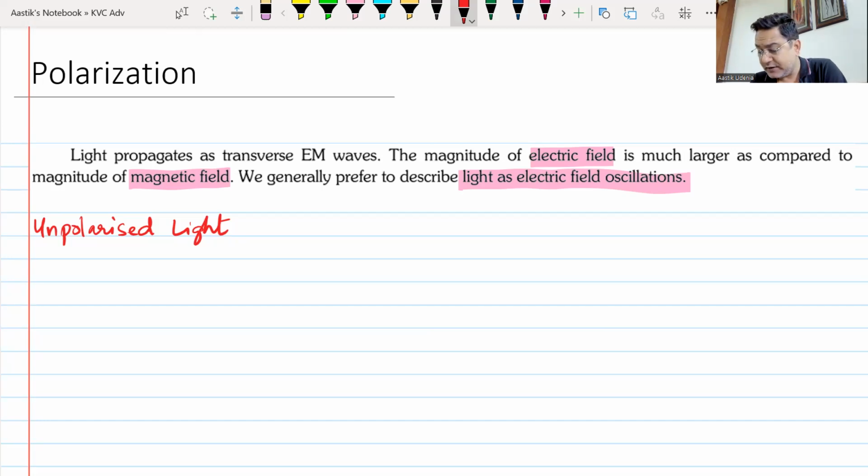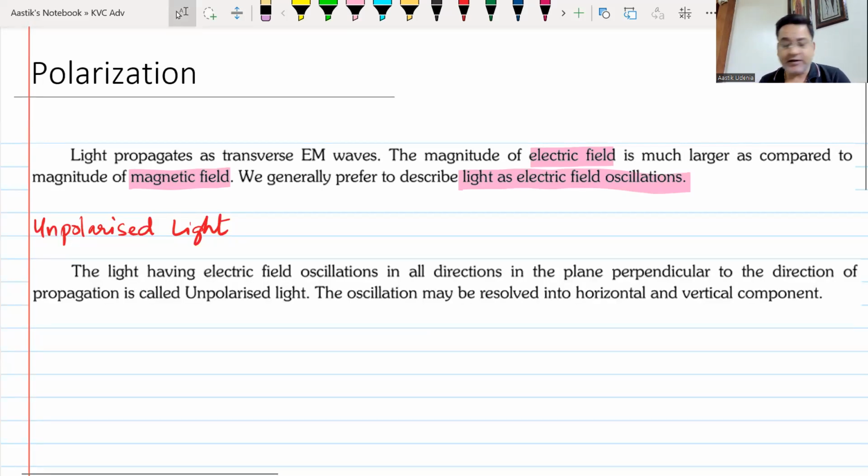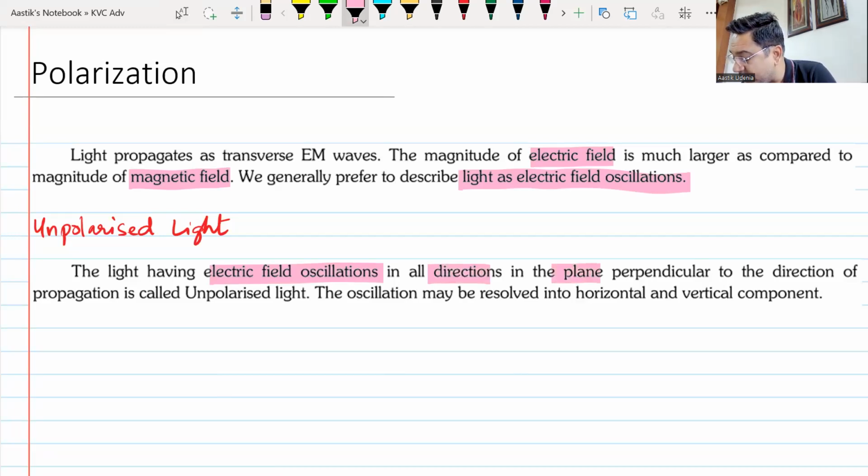Now, when we are talking about unpolarized light, we are thinking of light as propagation of the electric field. This electric field may oscillate in all directions which are perpendicular to the direction of propagation.